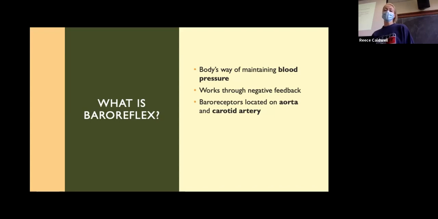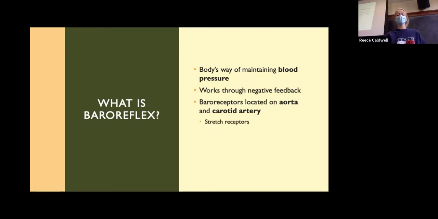The aorta is the biggest vessel that comes out of the heart. It's about as thick around as a water hose, so it stretches and constricts quite a lot. And the carotid artery runs in the neck. It's the one you palpate with your fingers if you're ever trying to determine your heart rate.